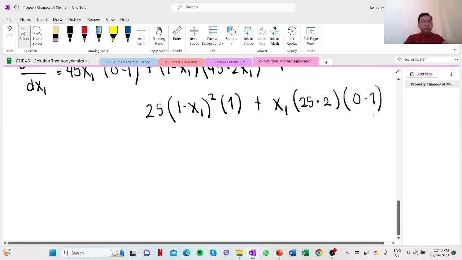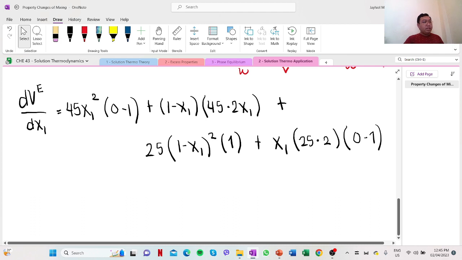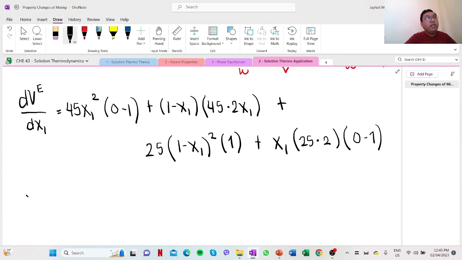After I processed everything, the derivative is equal to negative 135 x1 squared.